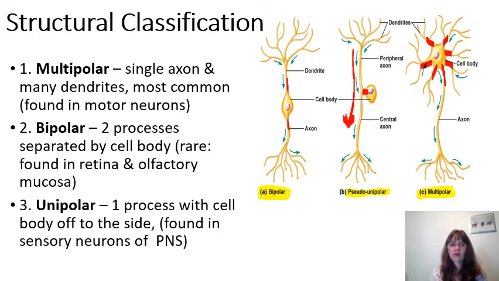These unipolar or pseudo-unipolar neurons are found in sensory neurons in the peripheral nervous system. You should know where these neurons are found.